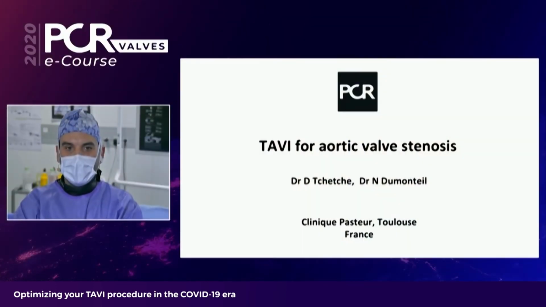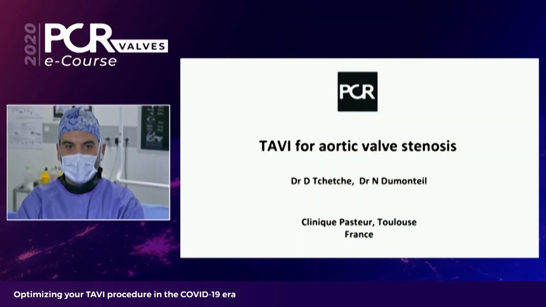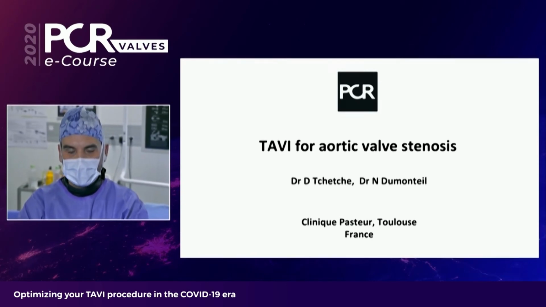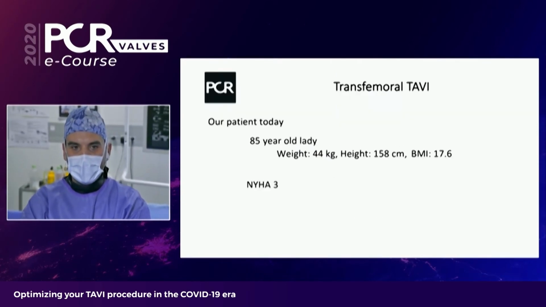We're going now to present this case of TAVI for, of course, severe aortic valve stenosis that we'll treat with a Portico device. The patient we are going to treat today is an 85-year-old lady, quite thin, frail, who was referred for severe aortic valve stenosis, symptomatic with shortness of breath and NYHA class 3.